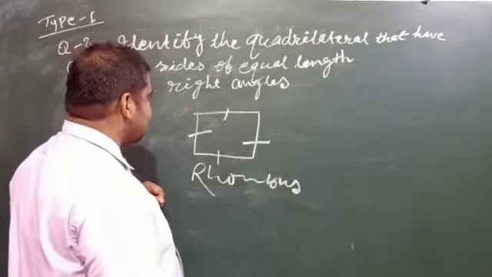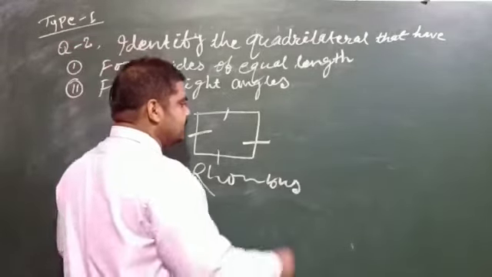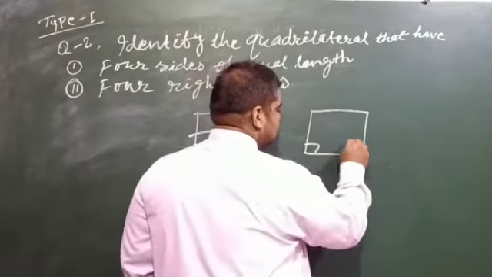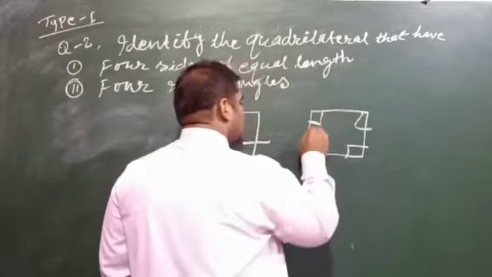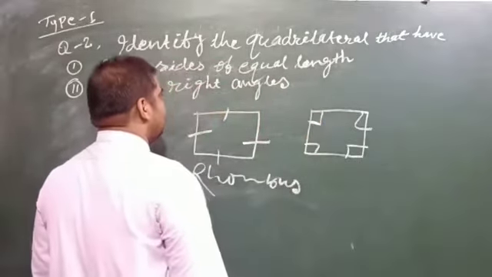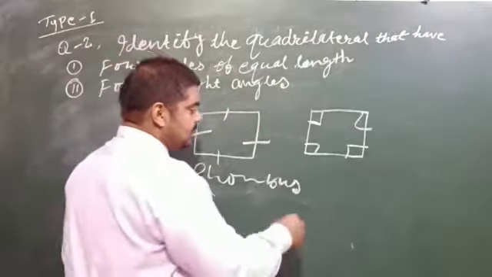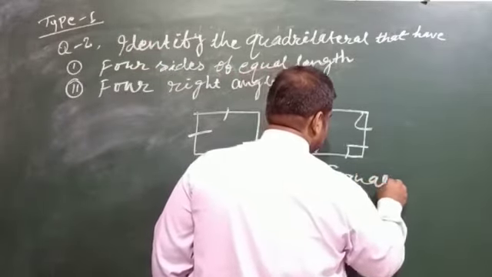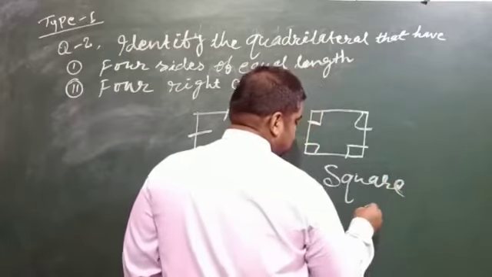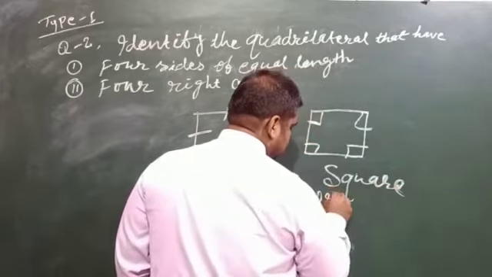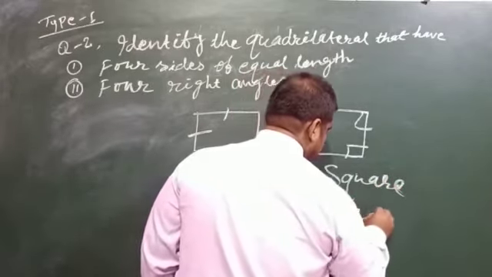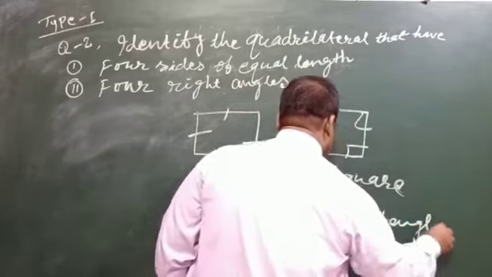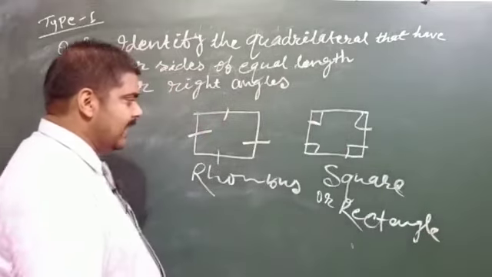Second, four right angles: the quadrilateral whose all angles are 90 degrees will be either a square or a rectangle, because a rectangle also has four right angles.